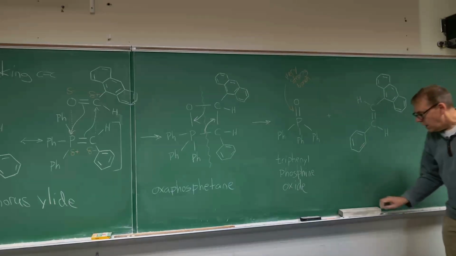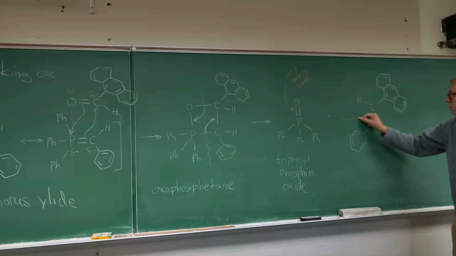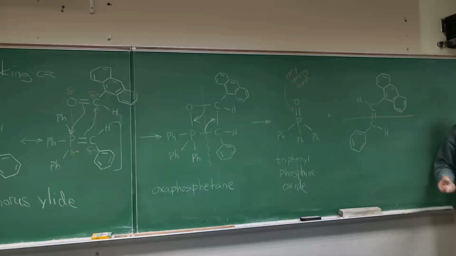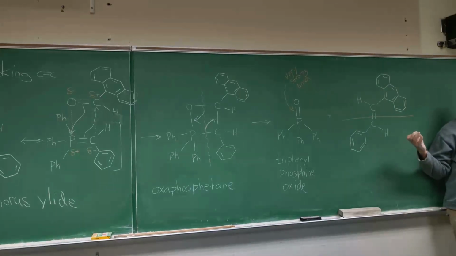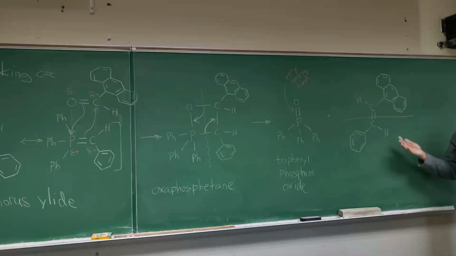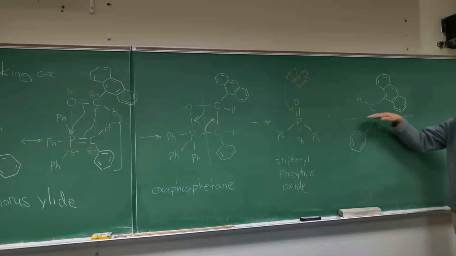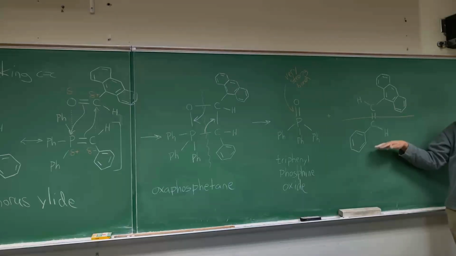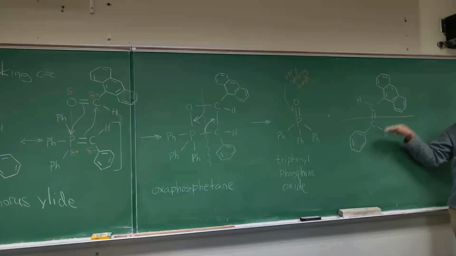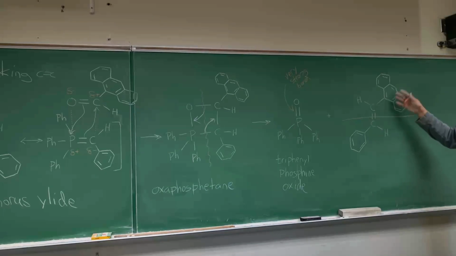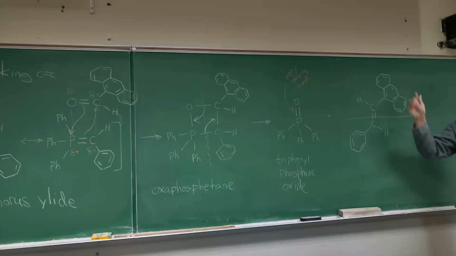And the molecule itself came from two different materials. So if you were to analyze this and ask yourself, where do the carbons come from here? If you drew a line right down the carbon-carbon double bond, on one side you get the atoms that came from the ylide structure, and on the other side, you get the atoms that came from the carbonyl group. In our case, it was an aldehyde.